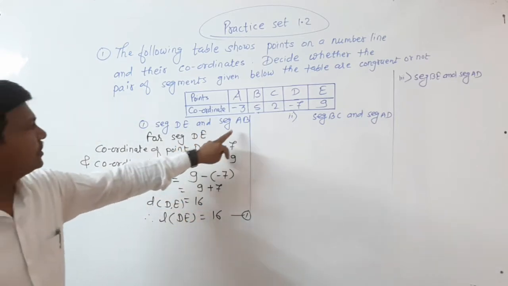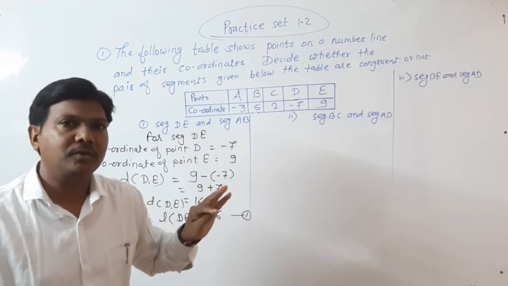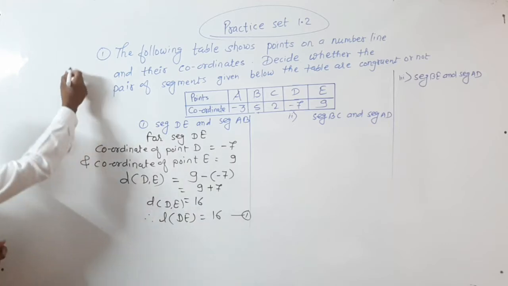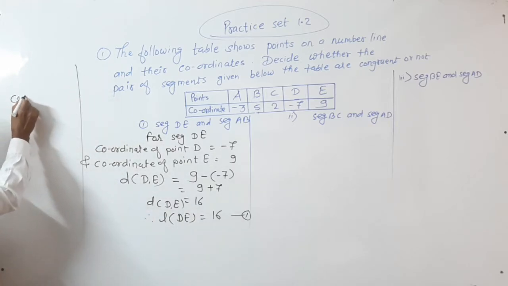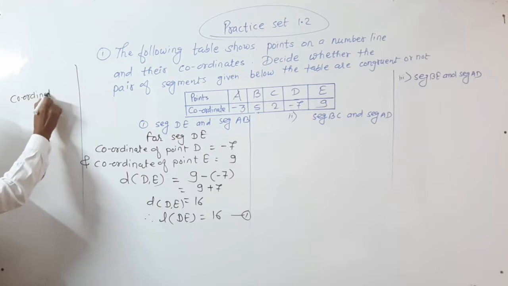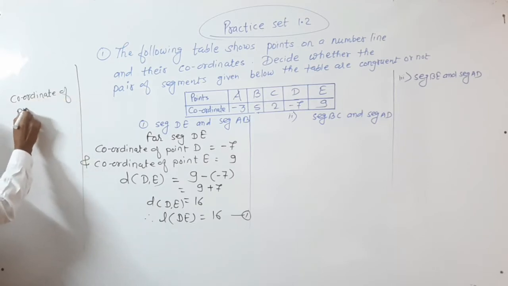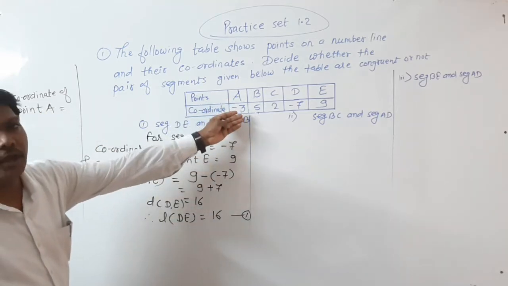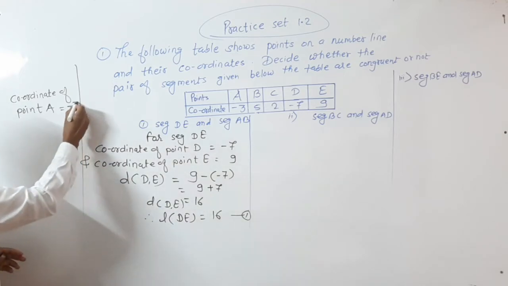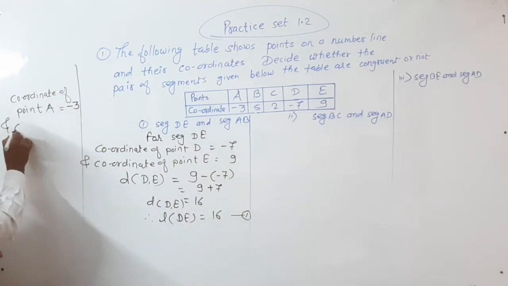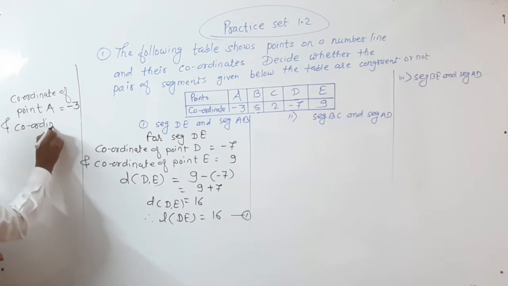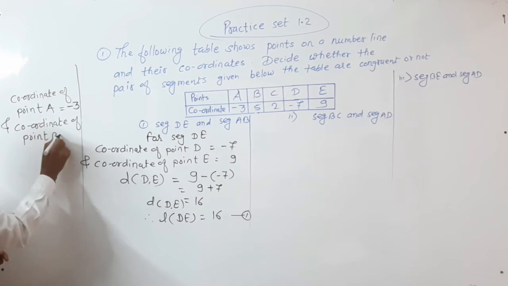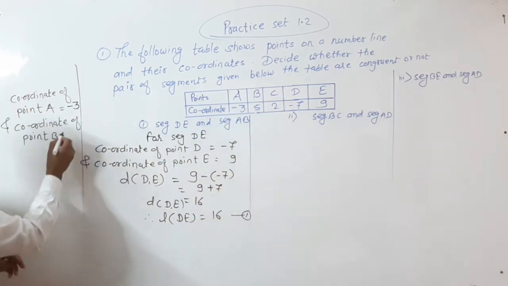Then find the distance between point A and B, or segment AB. So again, by the same method, we write the coordinate of point A. See, what is the coordinate of point A? -3, so we write here -3, and the coordinate of point B, that is 5.